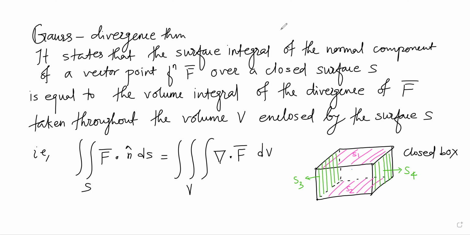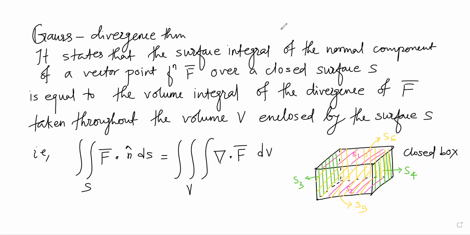And then you can see the front surface here and the back one. So the back surface is like this. So we have the front one as S5 and the back surface as S6. So in all there are six surfaces, and here some field is acting on this.